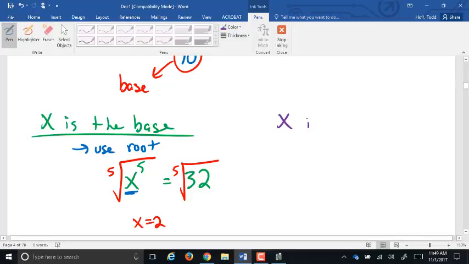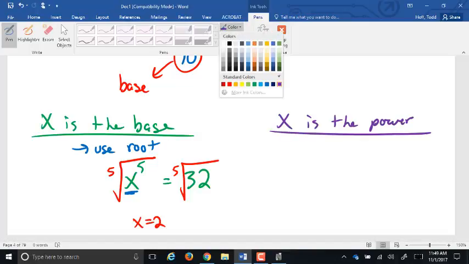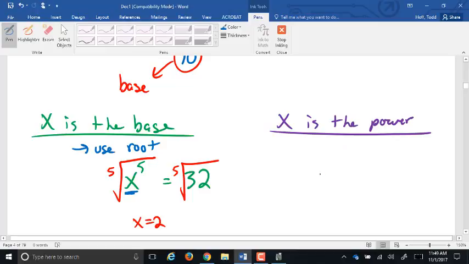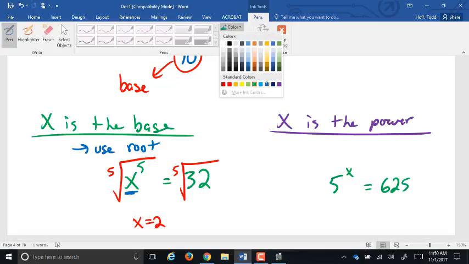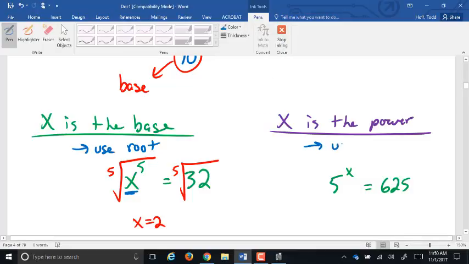If the variable is the power, like 5 to the power of x equals 625, that variable is the power now. That's where we're going to use the log. Now, we don't know how to do a log base 5 right now, so that's kind of a poor example.